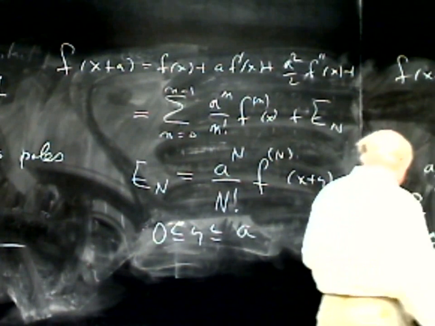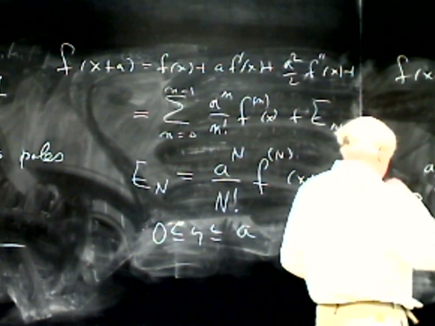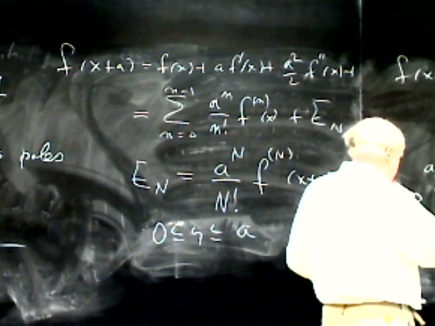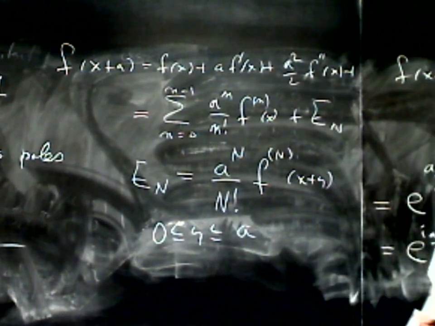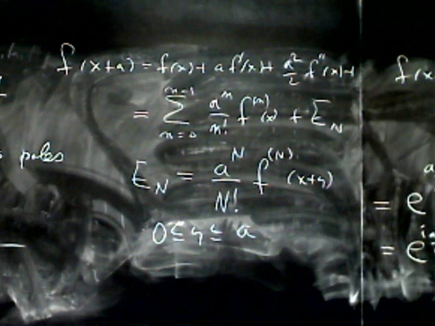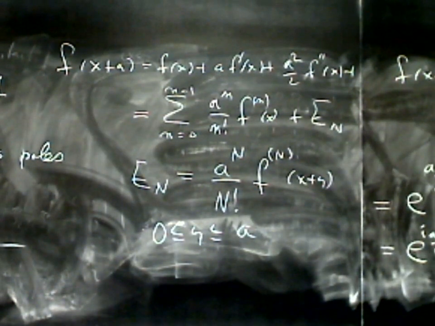So I've introduced i and h bar, canceling them out on f of x. And now we take h bar over i d by dx, we call that p, and then we have this as e to the i a p over h bar f of x. So we're saying p is equal to h bar over i d by dx.